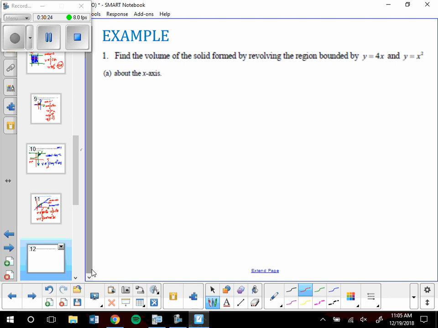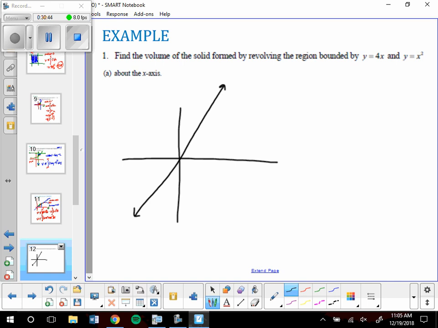To find the volume of the solid formed by revolving the region bounded by y equals 4x and y equals x squared about the x-axis. I'm going to draw first. y equals 4x is some positive sloped line, and y equals x squared looks like this.